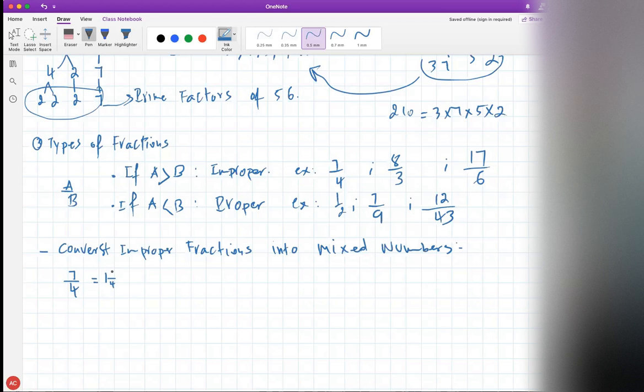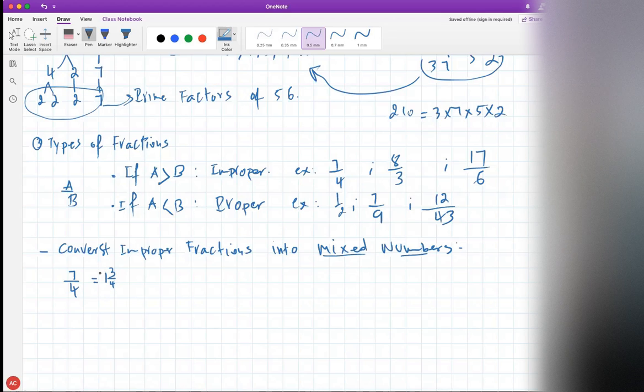We need another number here. Basically, that's the remainder of the division. What is the remainder of this division? 3. That's right. 4 goes into 7 once, and we have 3 left. So we put 3 here. So this is basically what we call a mixed number. Why do we call it a mixed number?